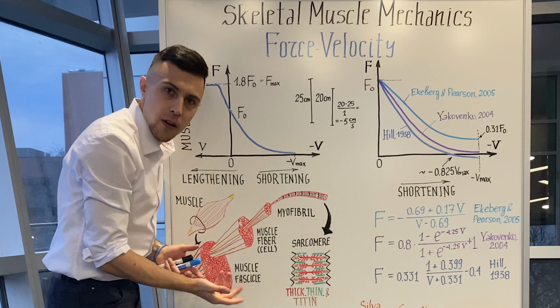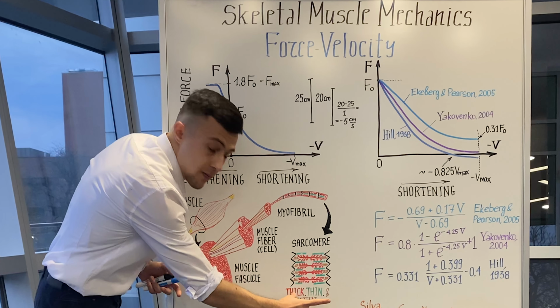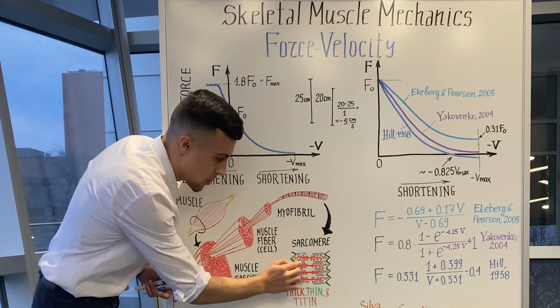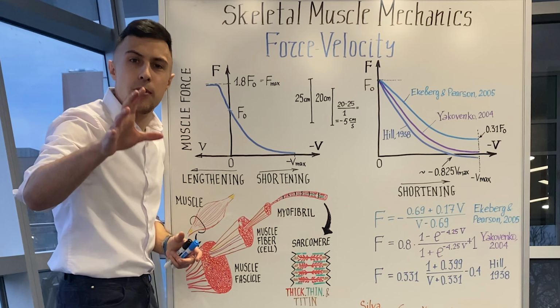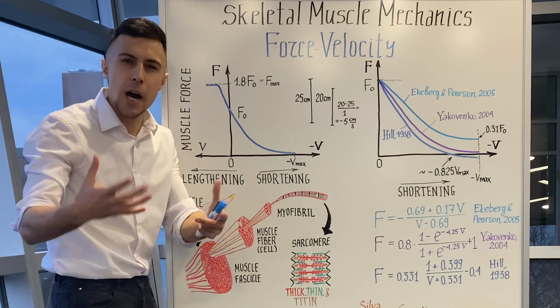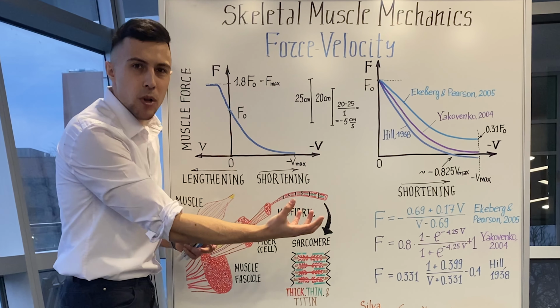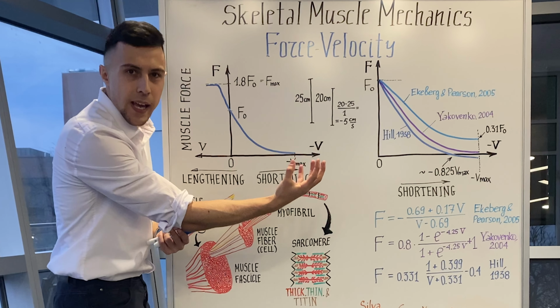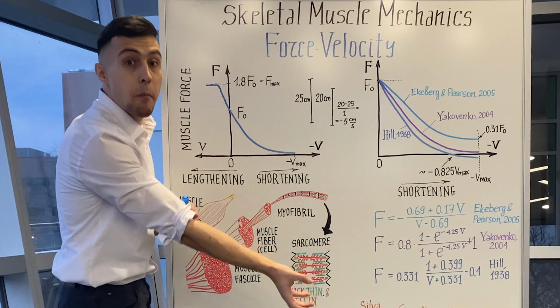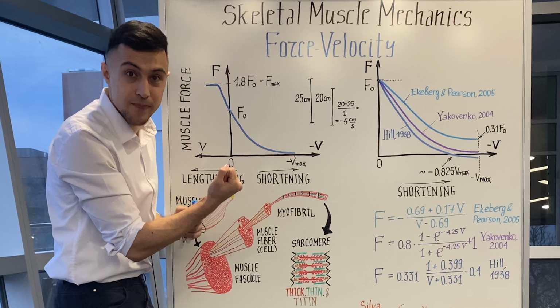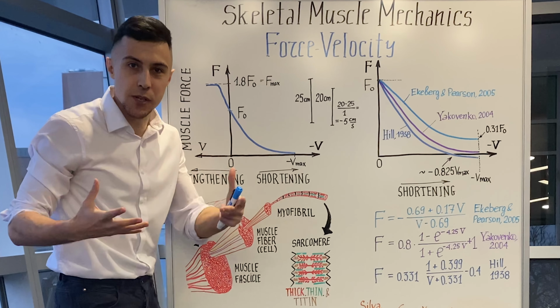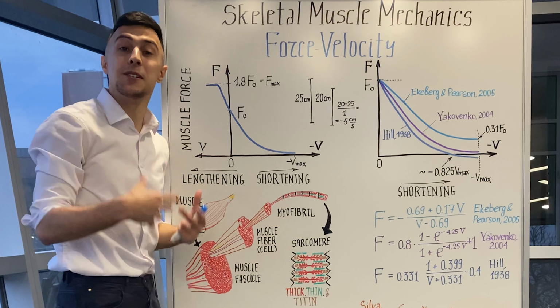And what are these elements? The elements are thin and thick filaments, which I'm showing here in green and red respectively. You remember that the thick filament has myosin in it, and the myosin molecule has this golf club-looking head that binds to the thin filament and starts pulling on it. That's how you generate force, which we discussed in previous lectures.